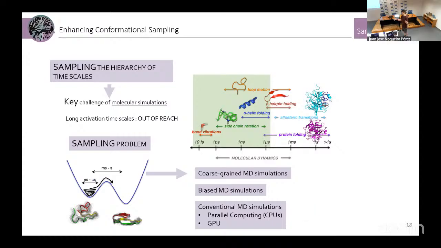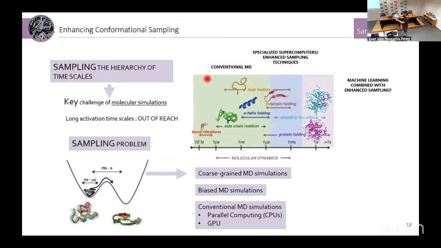There is a group of methods called enhanced sampling methods, where we bias our simulation in a way that we can reach slower timescales, like milliseconds, for example. This is something that we are not going to discuss, but if we combine machine learning with enhanced sampling, there are ways to arrive at slower timescales. But we are not going to discuss this.